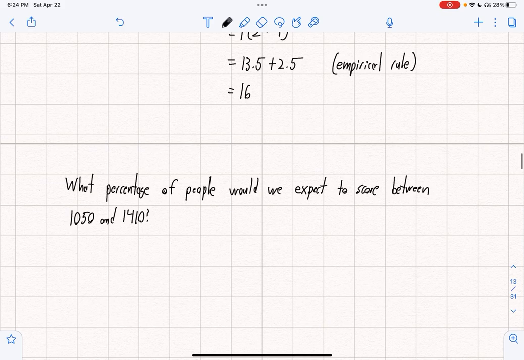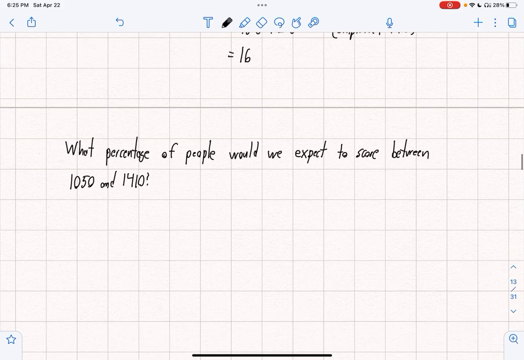Okay, what percentage of people would we expect to score between 1050 and 1410?